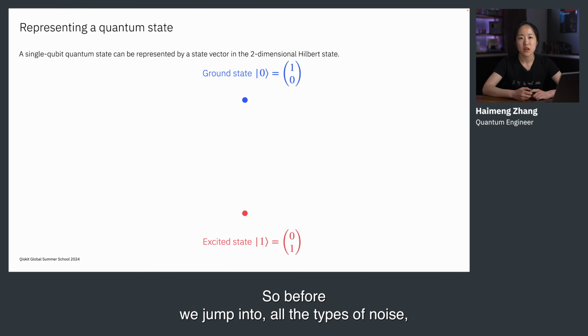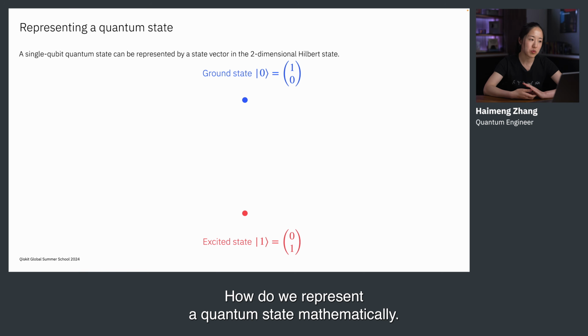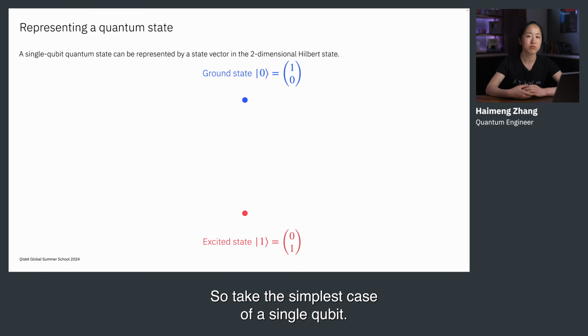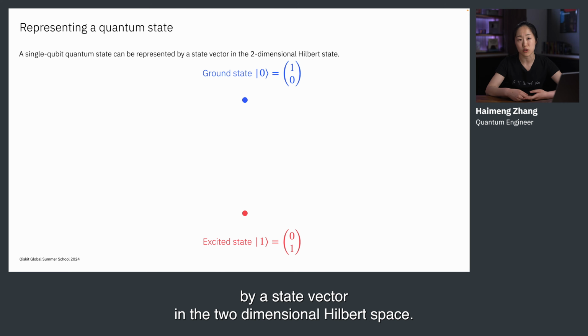Before we jump into all the types of noise we're going to talk about, let's first quickly recap how we represent a quantum state mathematically. Take the simplest case of a single qubit. We know a single-qubit quantum state can be represented by a state vector in the two-dimensional Hilbert space.